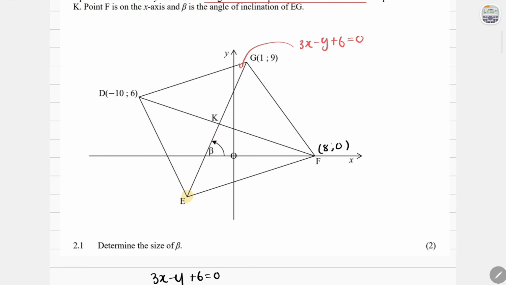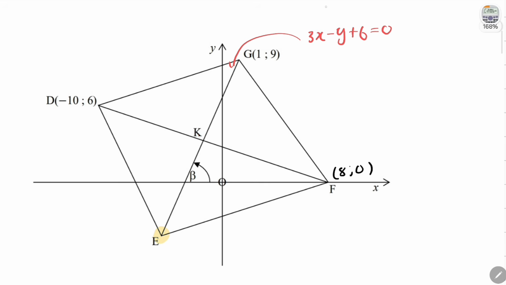This means that EG is cutting DF into 2 equal parts, so DK equals KF. And DF is also bisecting EG, cutting it into 2 equal parts, meaning EK equals KG.